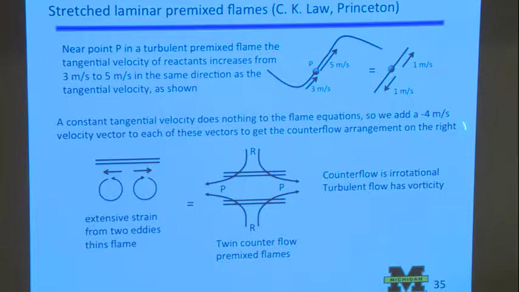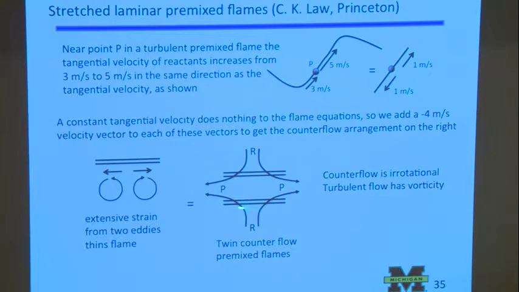So the argument is you can just subtract 4 meters per second from this point and 4 meters per second from this point, and it won't change anything. That will cause this to be 1 meter per second, and this will be 1 meter per second the other way. So we argue this is a counterflow geometry, and therefore this point P here can be represented by a counterflow flow field.